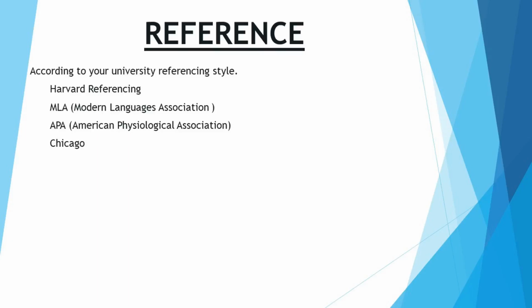Most of the UK universities use the Harvard referencing style to reference the research papers, and certain other referencing styles are MLA, APA, Chicago, and so on. The referencing style may vary according to your university. Therefore, before you start making any document regarding referencing, just speak with your supervisor and figure out which referencing style is preferred by your university.